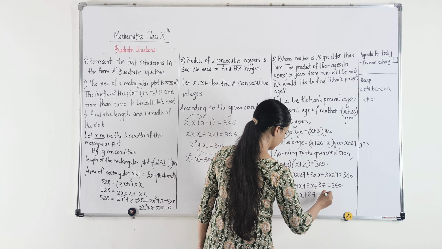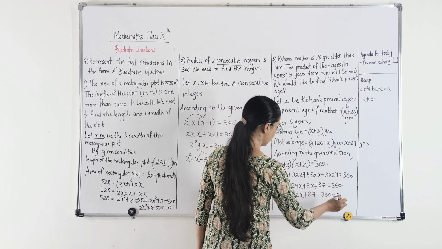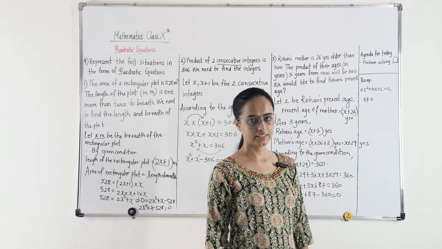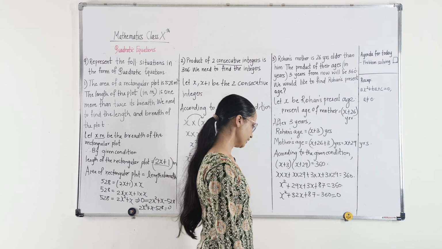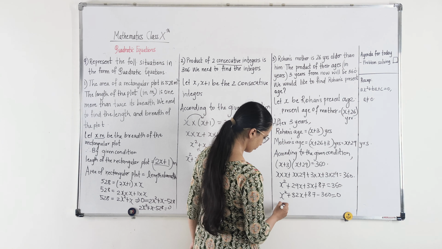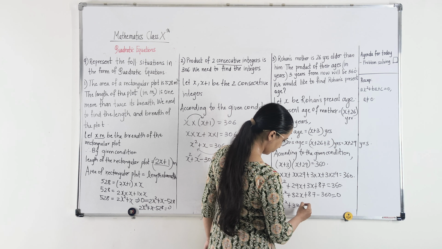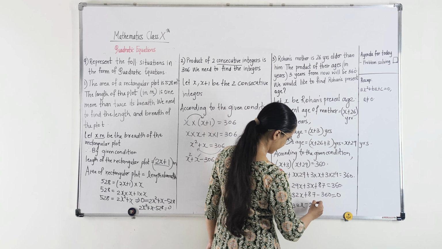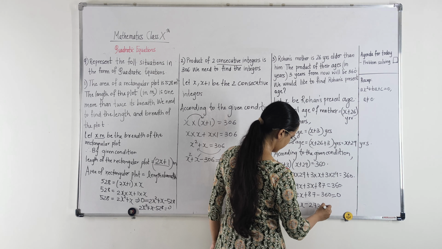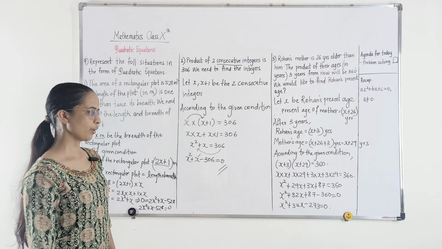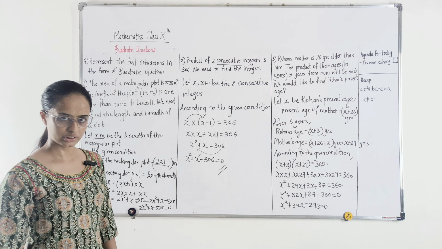I will be shifting my 360 to the other side so that I get the standard form. Now plus 87 minus 360 is minus 273. So x square plus 32x minus 273 equals 0. And this is how we get the quadratic equation for even the third situation.